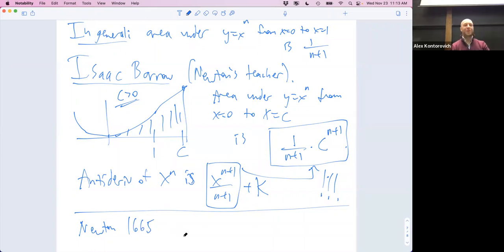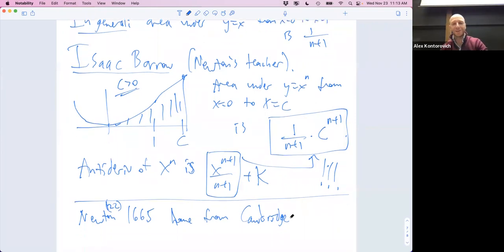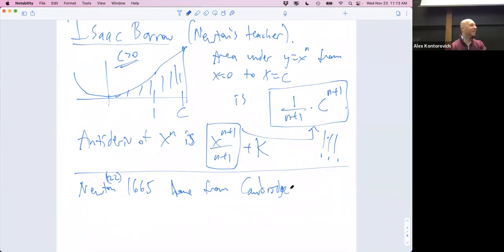He's had a couple of years at Cambridge, and then he gets sent home because he's quarantined because of the Black Plague outbreak in London that kills a quarter of London's population. So he's home from Cambridge, where he's supposed to be studying. He's like 20 years old, 22, something like this. 22-year-old Newton. So if you know some seniors, you can ask them what they did on their quarantine.